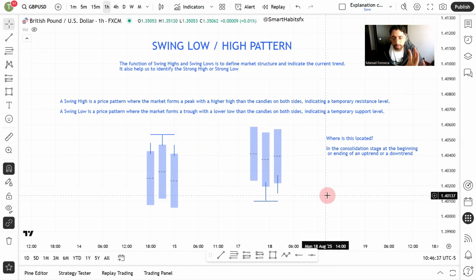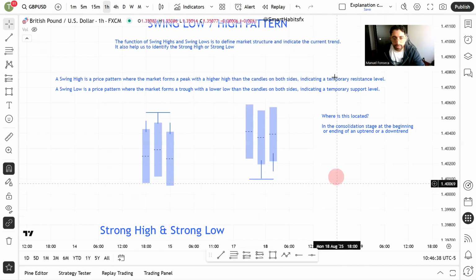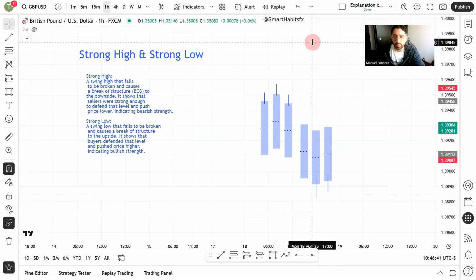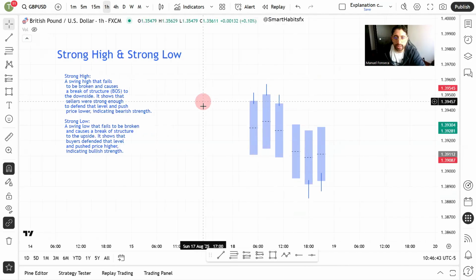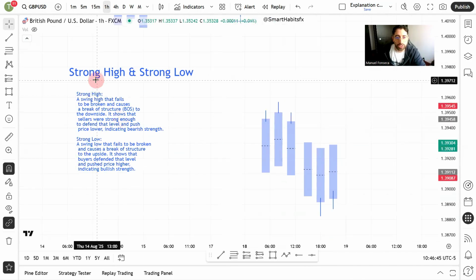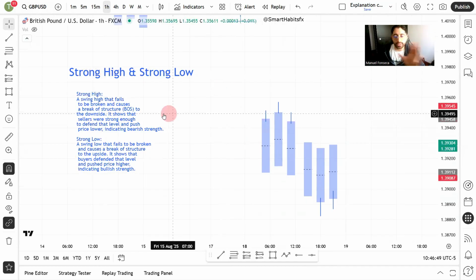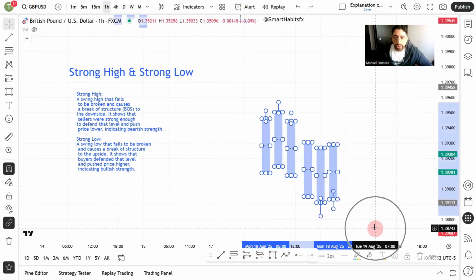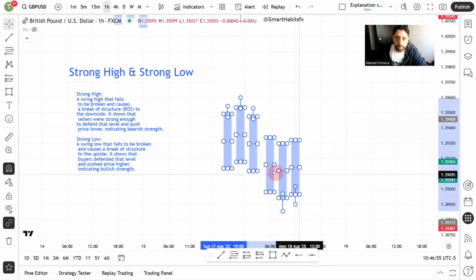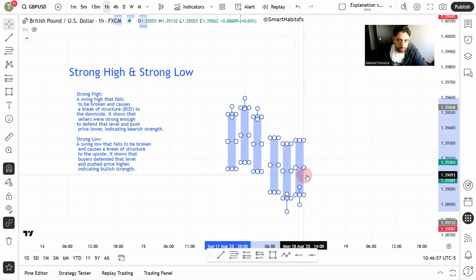Well, because once you identify this pattern, you can understand something paramount to understanding the market direction, which is called a strong high and a strong low. So this is the definition. I explain it in other words, but I have found that many people like to see the definitions, correct?